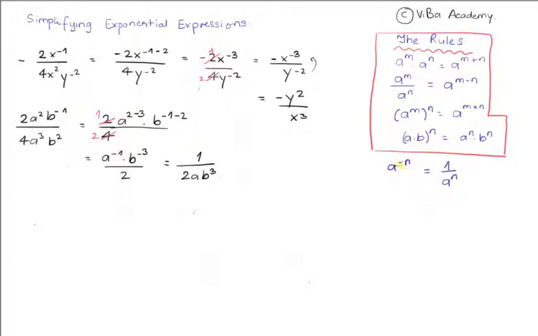I did that by pushing the a raised to n into the denominator, and that's why I got rid of the negative. And similarly, if I have 1 over a raised to negative n, and now if I want to get rid of the negative on the exponent, I can simply push it back up in the numerator, make it a raised to n.